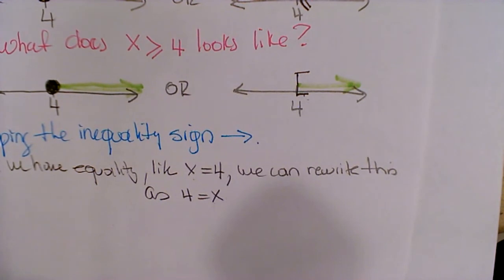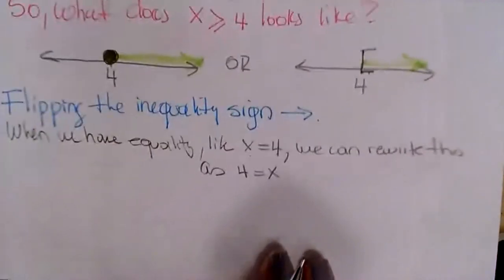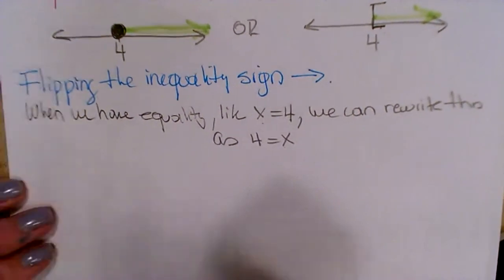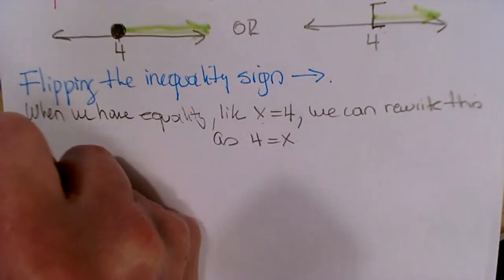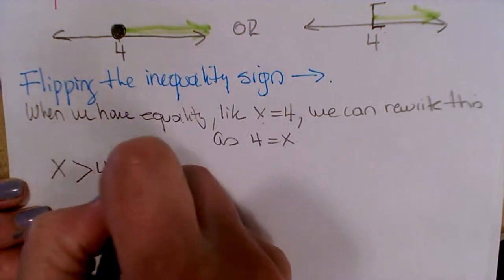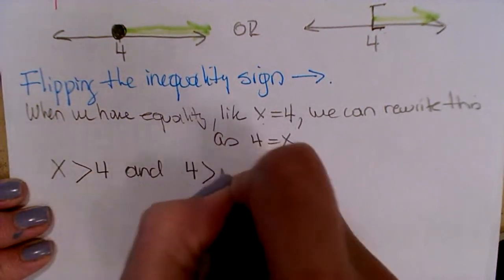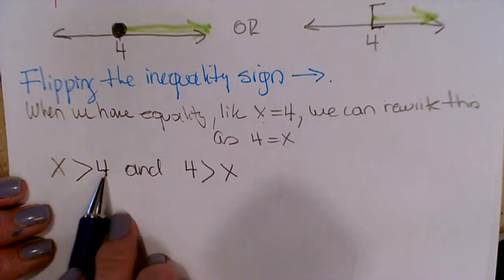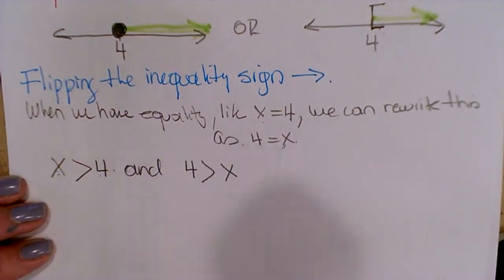However, when we use inequalities, we cannot do this so easily, because there's a difference between saying x greater than 4 and switching the number like we did.